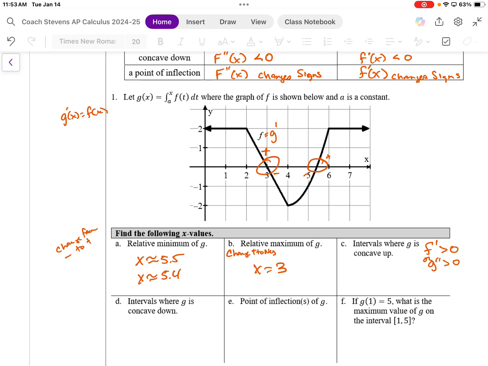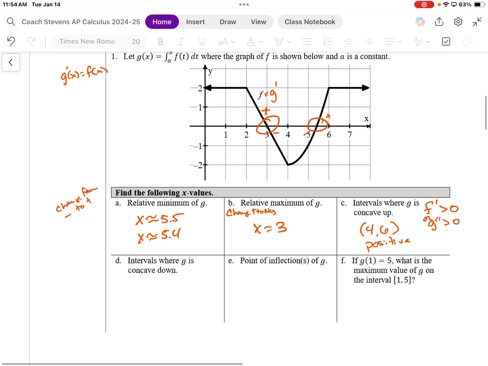If that's the graph of f, prime has got to be positive, so that would mean the slope's positive. So what interval has a positive slope, Jeffrey? 4 to 6. Yeah, 4 to 6. So we are concave up from 4 to 6, because we have a positive slope. Again, trying to piece all those things together.